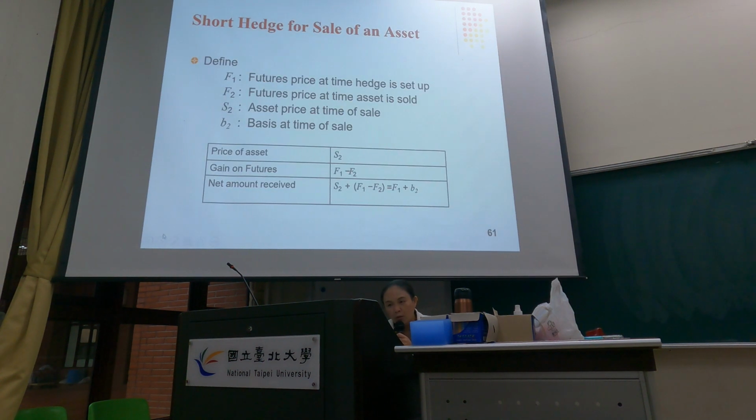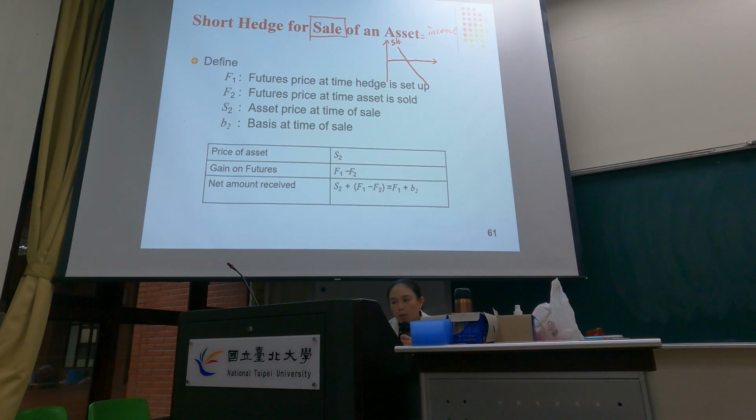Okay, next one, short hedge. So remember, short hedge comes with the sell. So if you sell something, it's an income, right? Okay, we can draw the diagrams now. I'm just focusing on your hedging position, okay? Because we want to come up with the effective price.